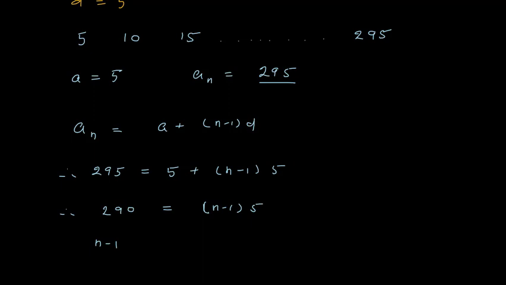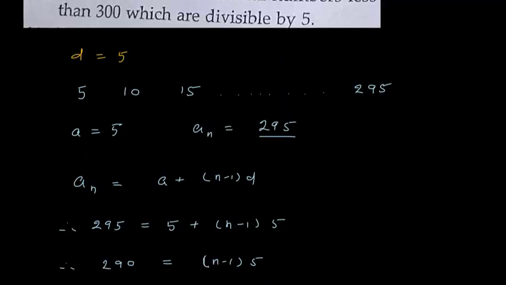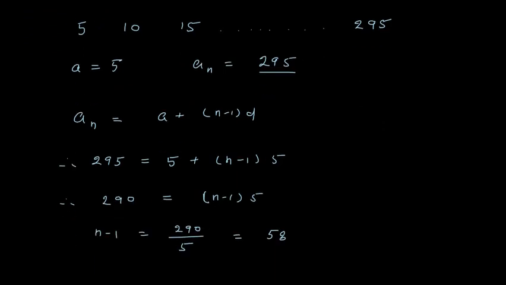So n minus 1 is equal to 290 divided by 5. 5 5s are 25, 5 8s are 40. So n minus 1 is 58. That gives you the value of n equal to 58 plus 1, which is 59. So n is 59.